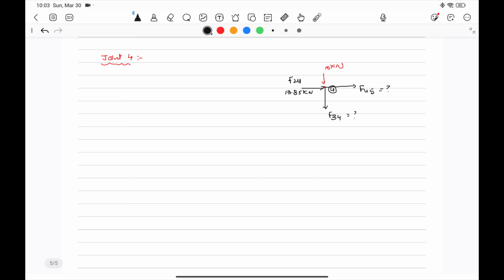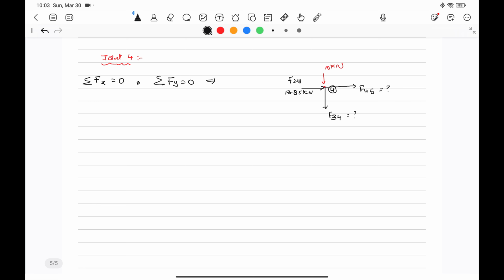I think this is the free body diagram. Now, from FBD, sigma Fx is equal to 0. Apply this formula. Sigma Fy is equal to 0.